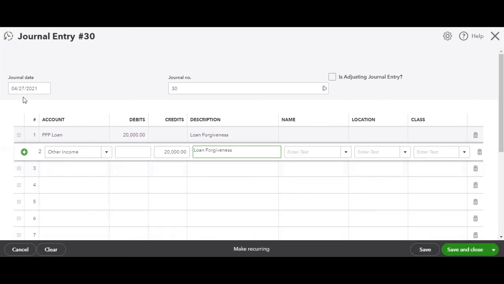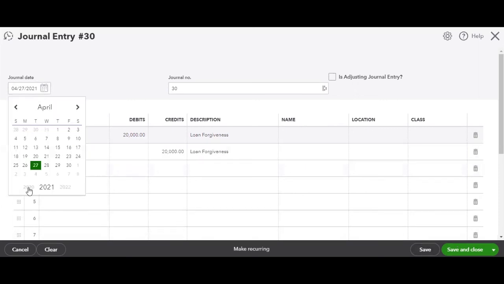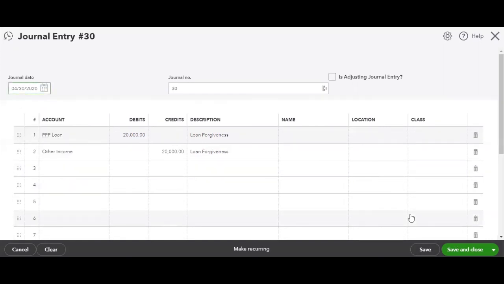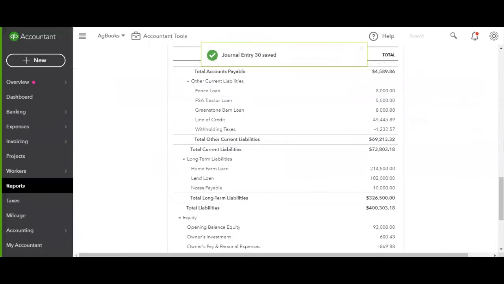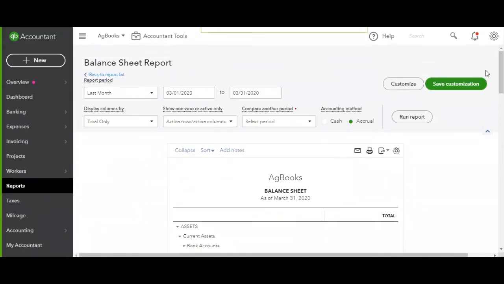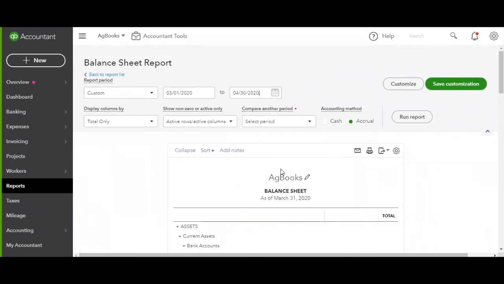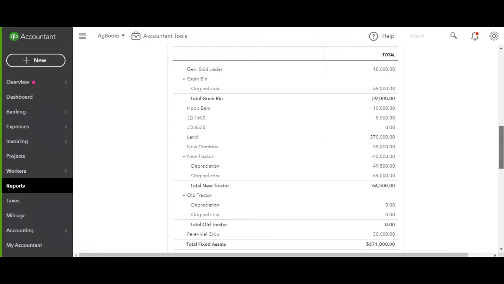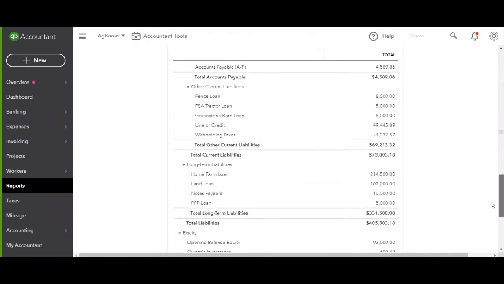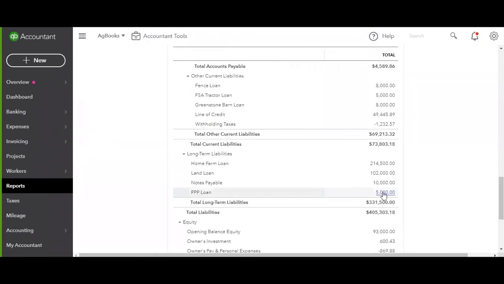So for the sake of viewing everything, if we check out what it would look like after the forgiveness, you can see that we have $5,000 left in a loan that is payable.